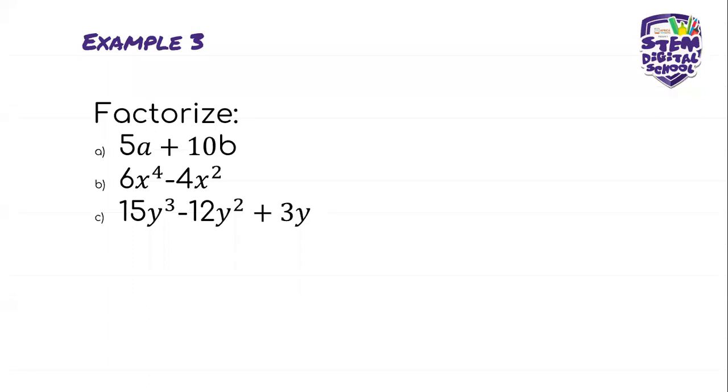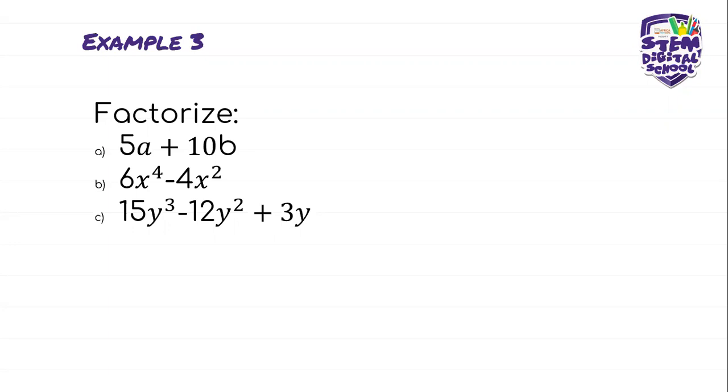And we have agreed that indeed there is a highest common factor in this case, which is 5. A and B are two distinct symbols, so none of them is a common factor to the other, but they are coefficients. The coefficient of A is 5 and the coefficient of B is 10. So these coefficients have something in common.